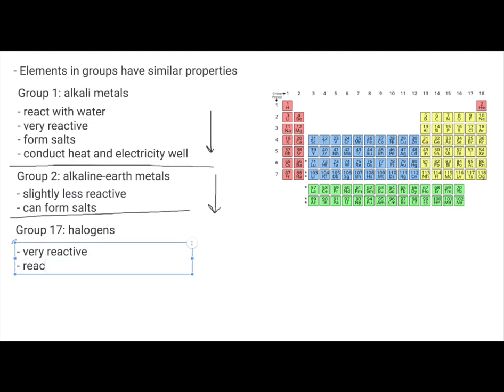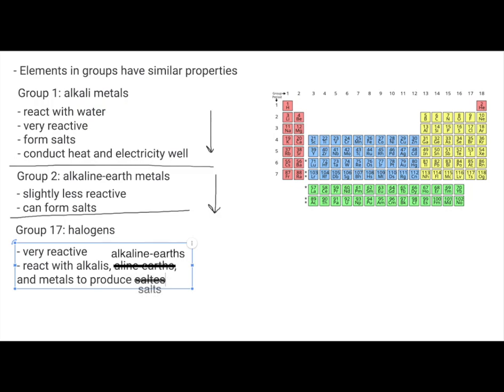They're able to react with alkali metals very easily, and also they react with the alkaline earths and just in general with metals to produce salts.